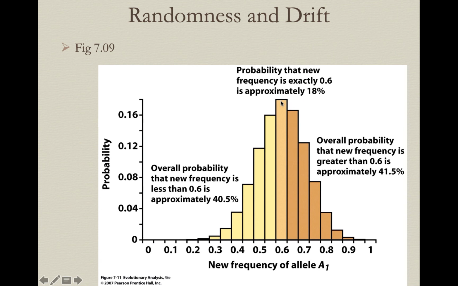But the majority of the time, you're either going to get a decrease in A1 or an increase in A1. That's if you stick with that sampling protocol of picking 20 gametes to make 10 zygotes.